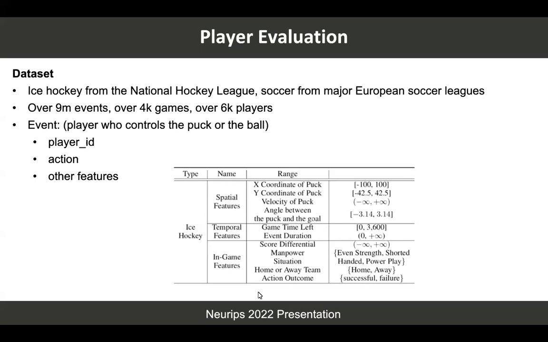Here are the features in an ice hockey game: the XY coordinates of the action, velocity, the angle between the puck and the goal, some temporal features, and also some in-game features like score difference, manpower difference, and whether it's the home team or the away team. For the soccer game, the features are similar.